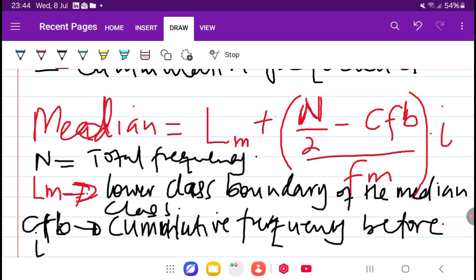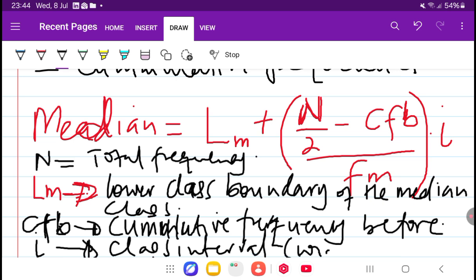Then our I is actually the class interval. Sometimes they call it class width. We explained some of these terminologies earlier.